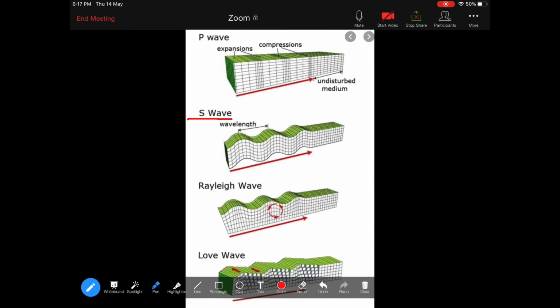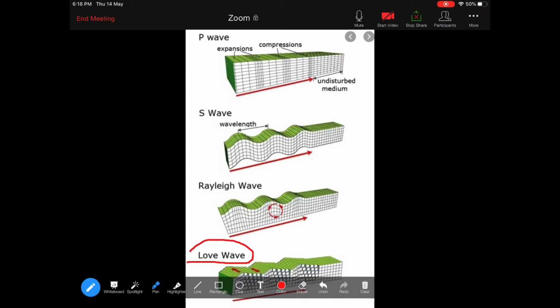Second one is S waves. S waves behave like this. These travel on the surface and travel in this form, right? Next is Rayleigh waves. This wave travels like this, and S waves and Rayleigh waves are different. Next one is Love waves.